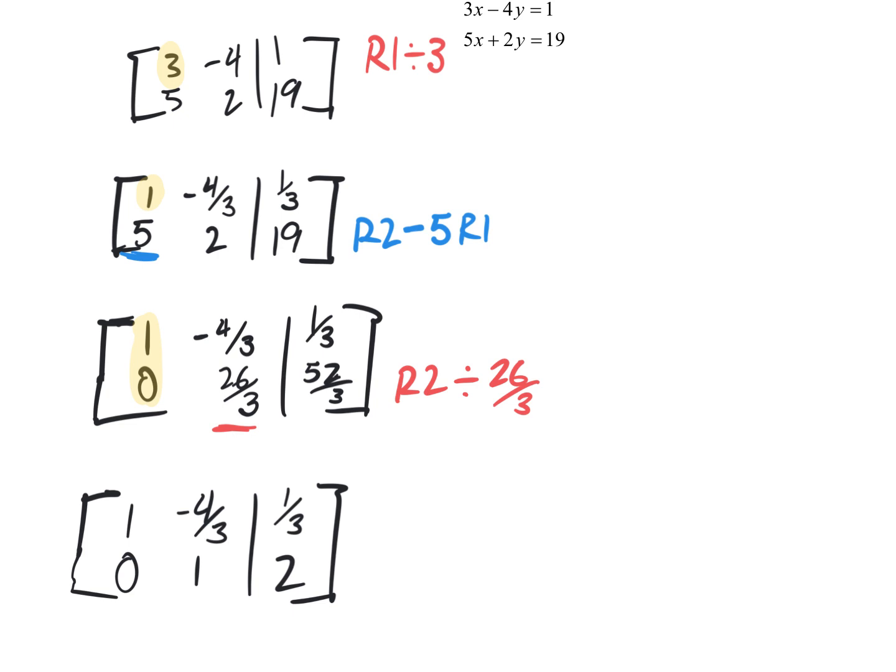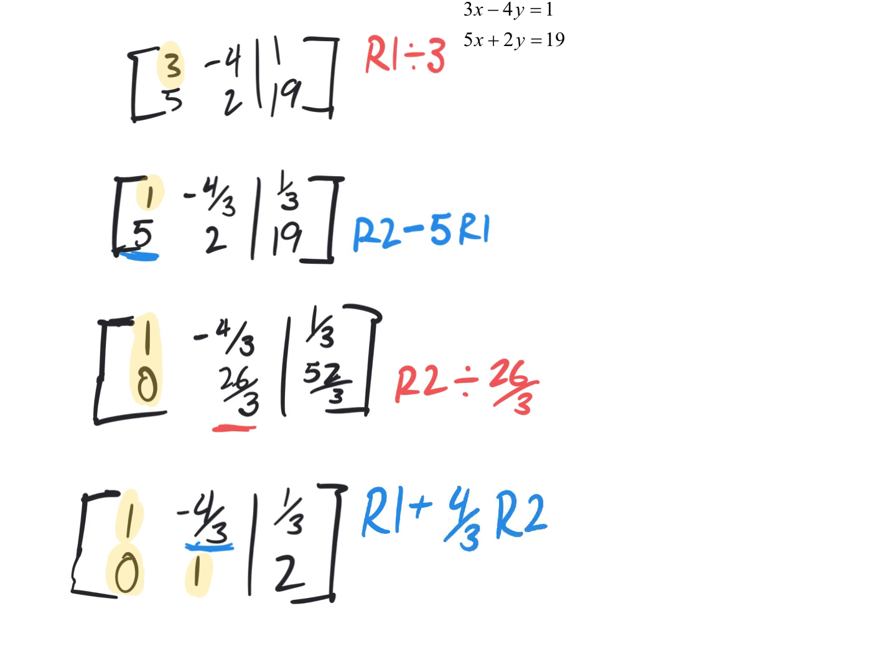We've got the diagonals going the right way. We've got those ones, we've got the 0 in the right spot. So the only place I need to fix is this one. Basically, we're going to use that second row where there's only a 1 there, and do R1 plus 4 over 3 R2.